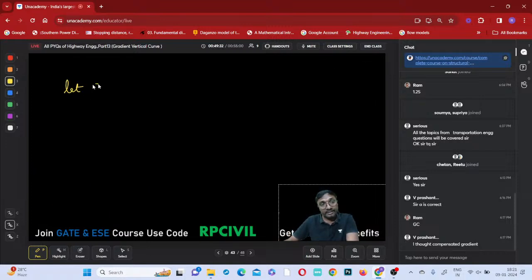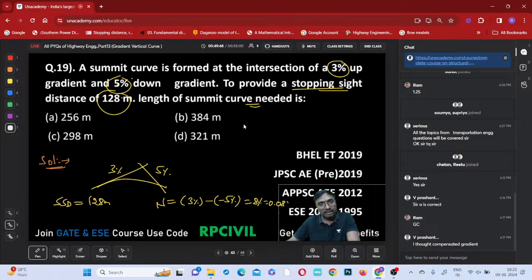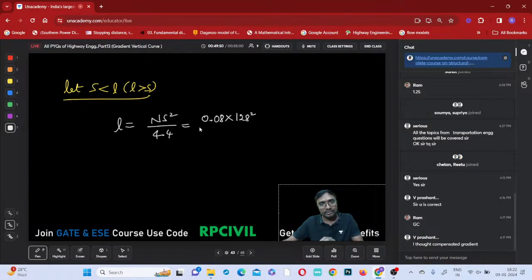Now, is the sight distance lesser than the length, or is the length greater than the sight distance? We don't know exactly. We are assuming this as a trial. Then the length is N S square by 4.4. So N is 0.08 into 128 square by 4.4. How much does it come to be? How many meters?